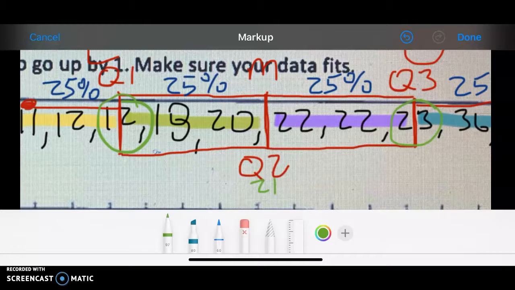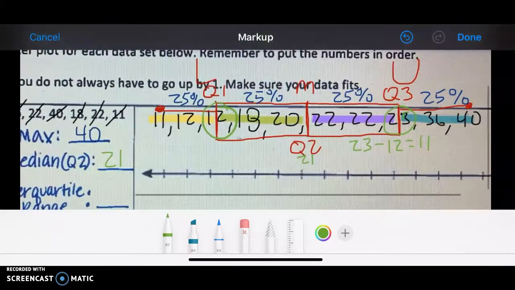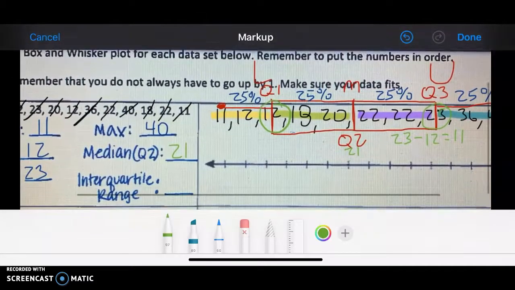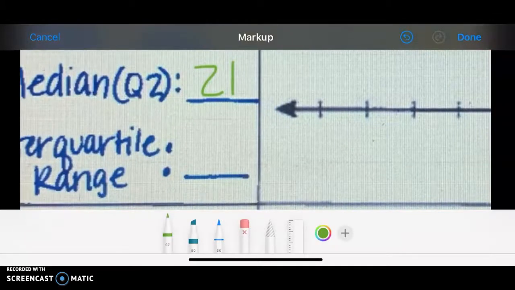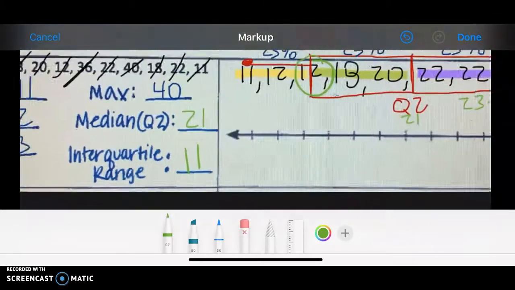Well, that's true, but how far is that? So you would actually do 23 minus 12, which is 23 minus 10 is 13, minus 2 is 11. That's really the only major math work you have to do, and subtracting is not that hard. So the interquartile range is 11.